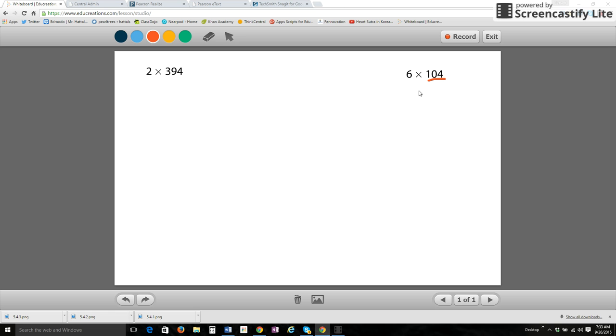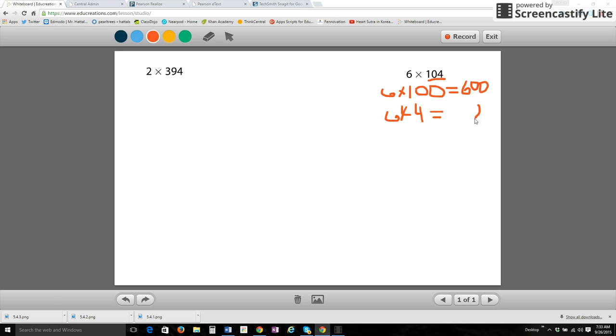We can do that in our head. So 6 times 100 equals 600, because remember we did 6 times 1 and then add the 2 zeros, 600. And we also know that 6 times 4 equals 24.